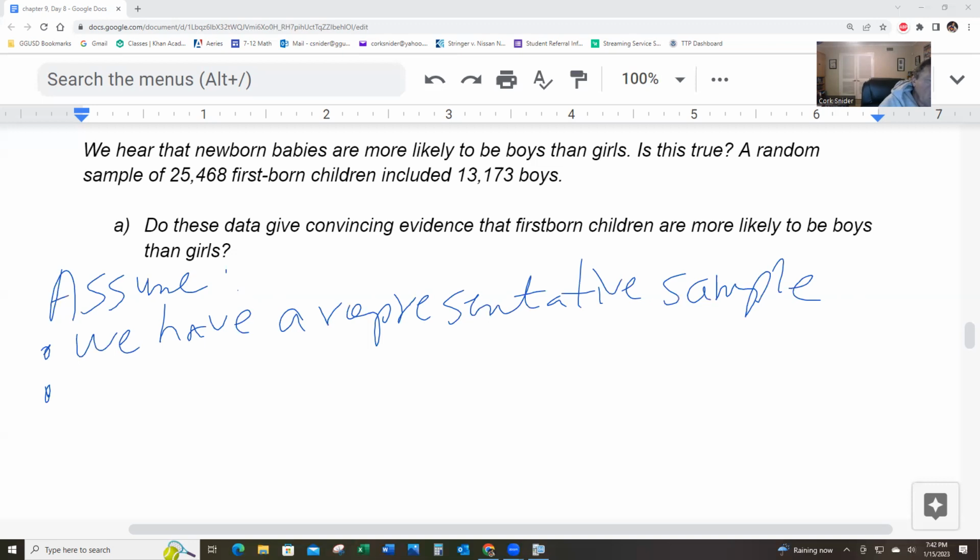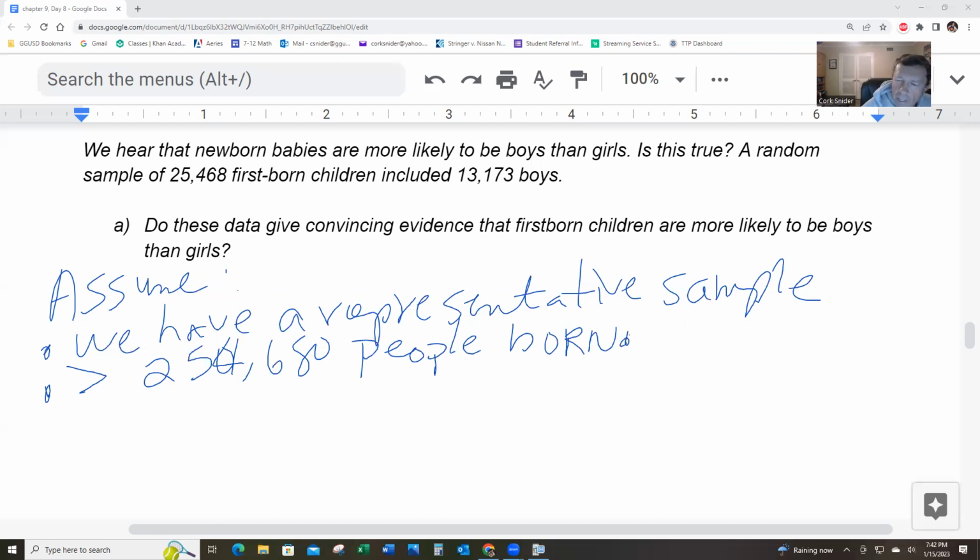There are greater than, I'll put a 0 on this, 250,000. We'll do it 254,680 people born. For sure, there's millions upon millions. Okay, and that's the 10% rule. I'm going to just write that in. I like writing that because I think it shows the reader that, hey, this guy knows what he's talking about.